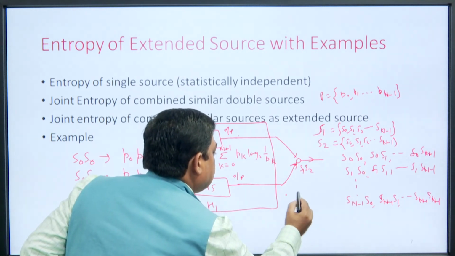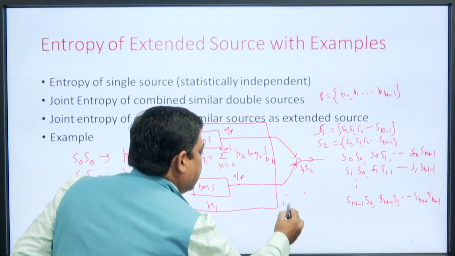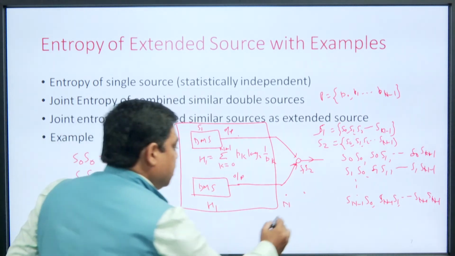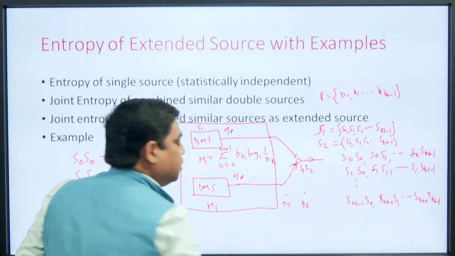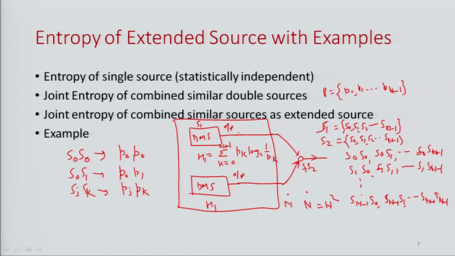The first position can be filled by n symbols, and the second position can also be filled by n symbols. So a total of n square joint symbols are possible when we take two sources at a time.